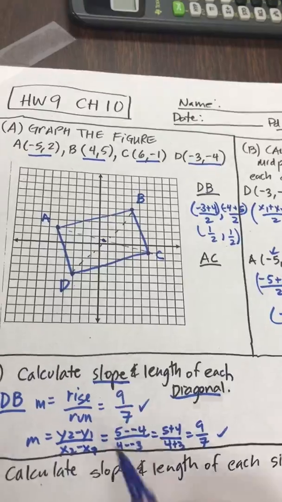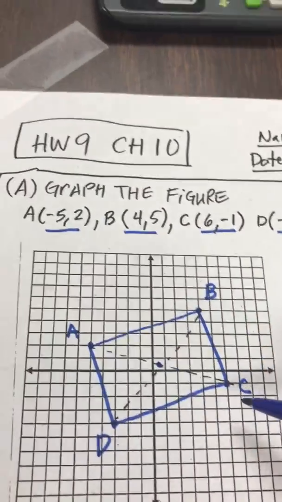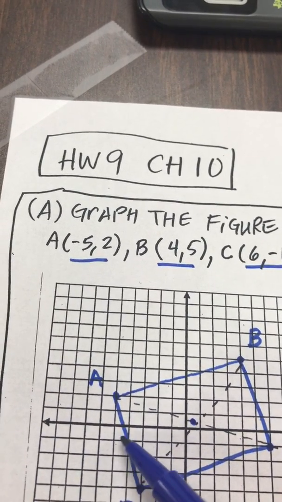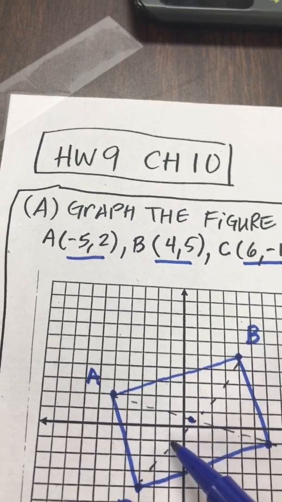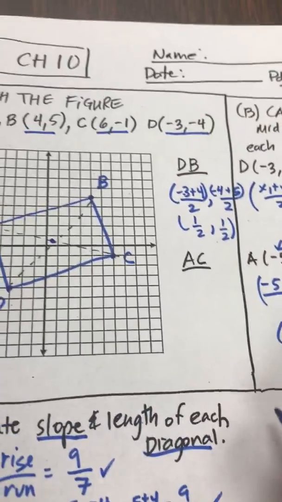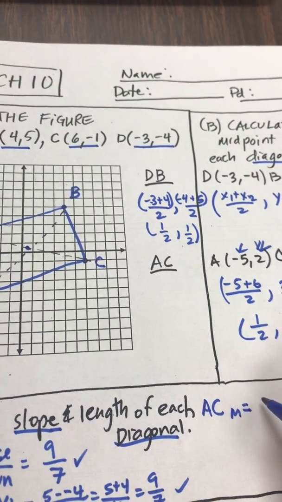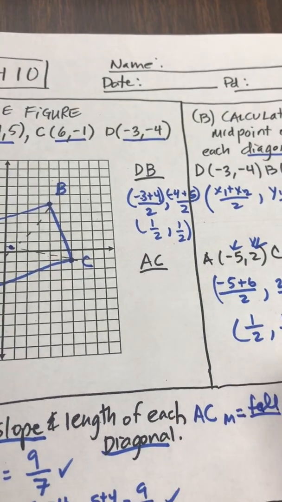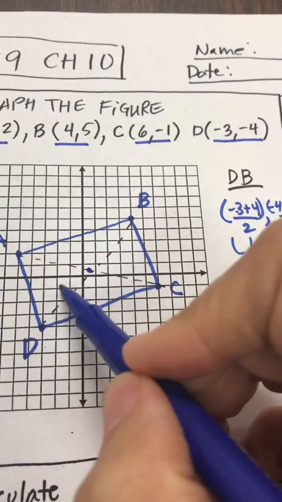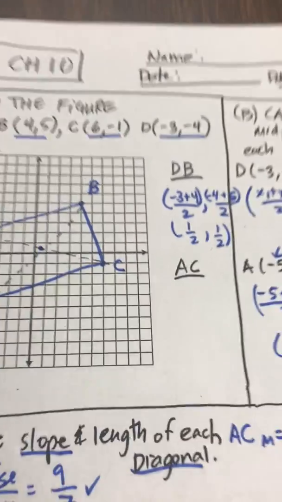That's our slope. Now our slope of AC, I think, should be downhill, right? I fell 1, 2, 3. Then 1 through 11 across. So AC slope, I fell 3, so I put negative 3, and ran 11.